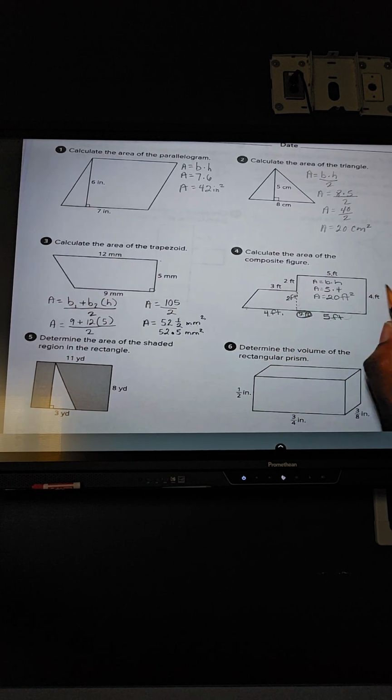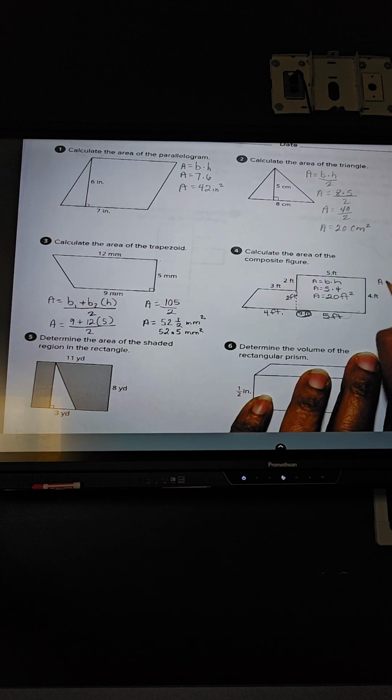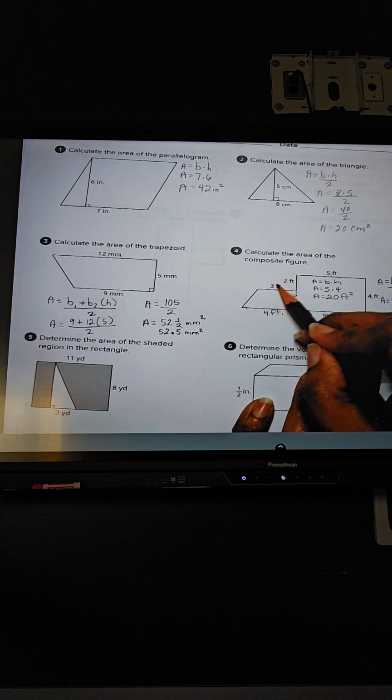Now we can find the area of the trapezoid. Area of the trapezoid equals base 1 plus base 2 times height divided by 2. Area equals what? The base is 4. The base is 3, so base 1, 4, base 2, 3.